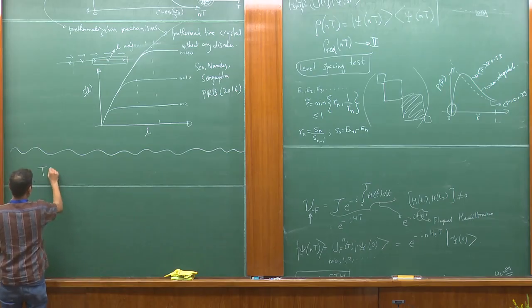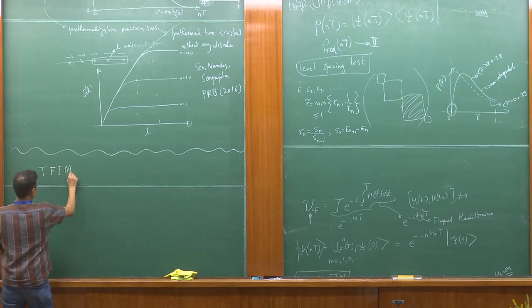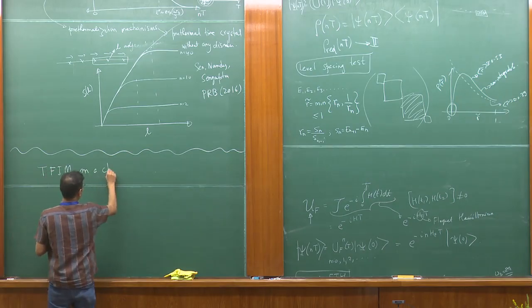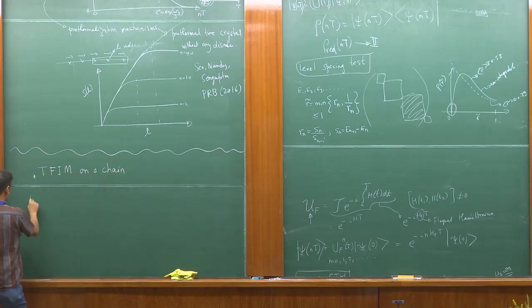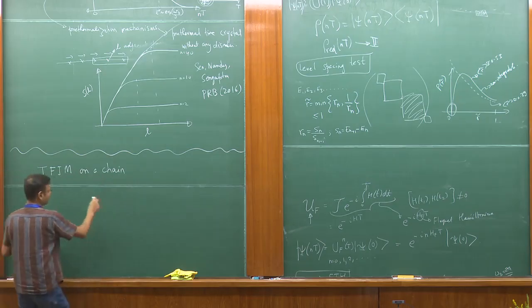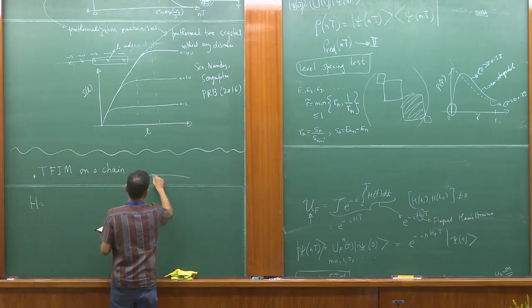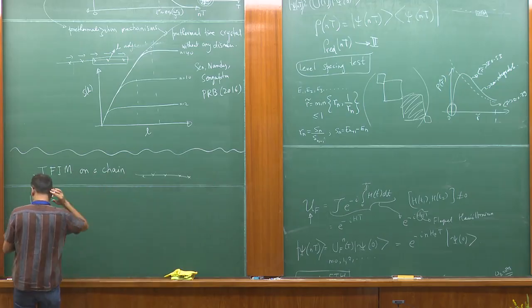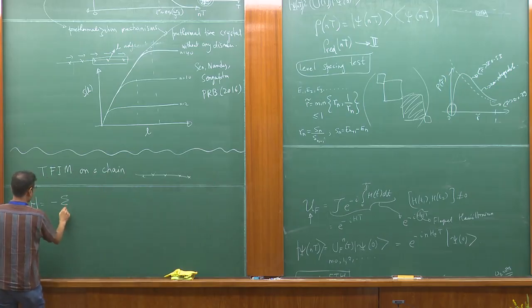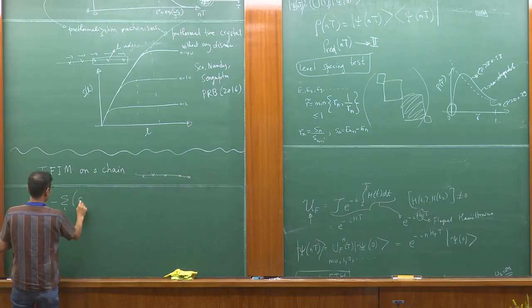So, the transverse field Ising model on a chain. Basically your system lives on a line, and it has spin-half degrees of freedom everywhere. Basically the Hamiltonian looks like this.